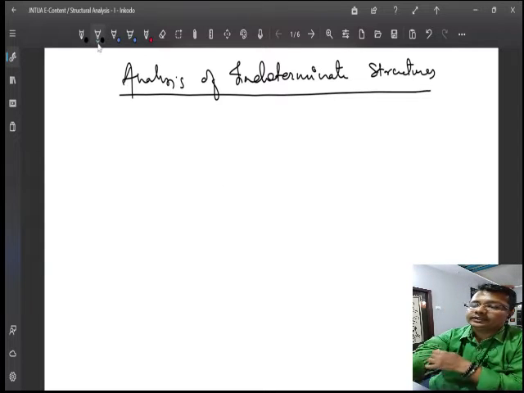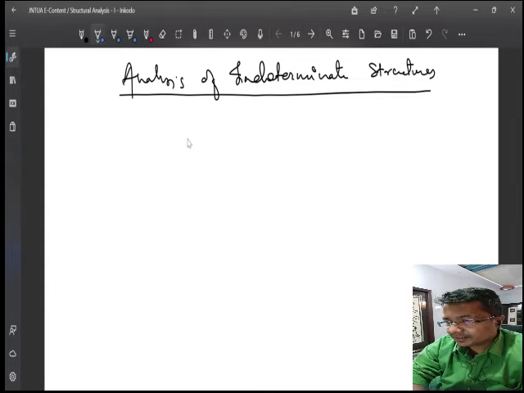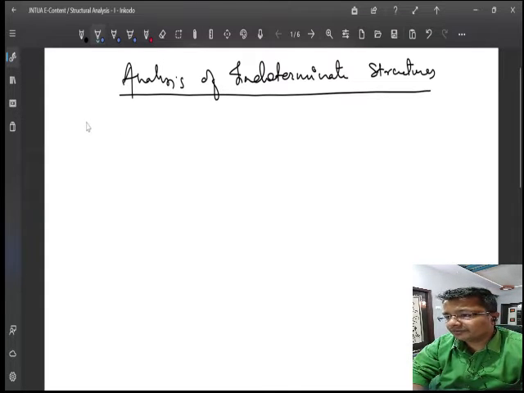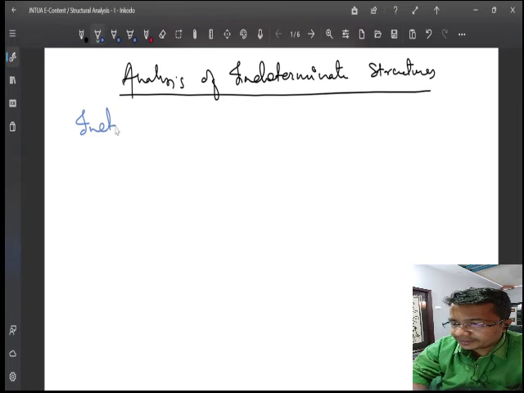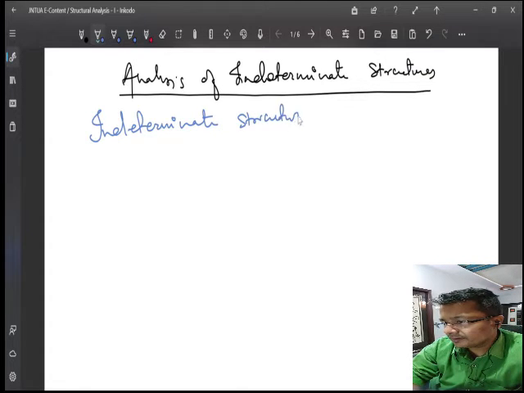Okay, so in this one, let's give the first heading: Indeterminate structures.